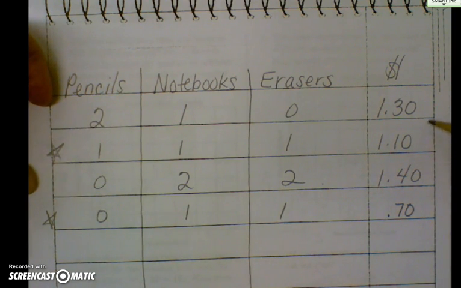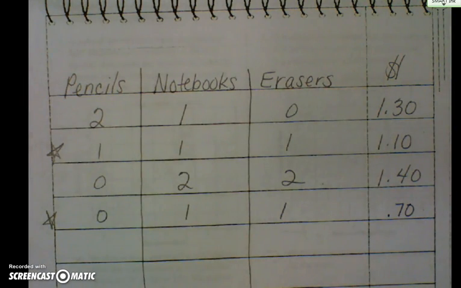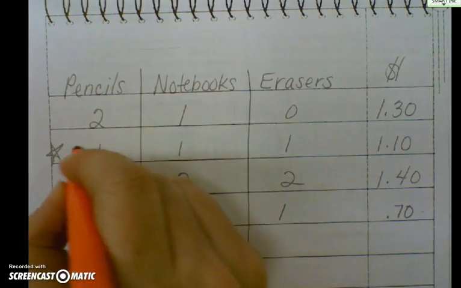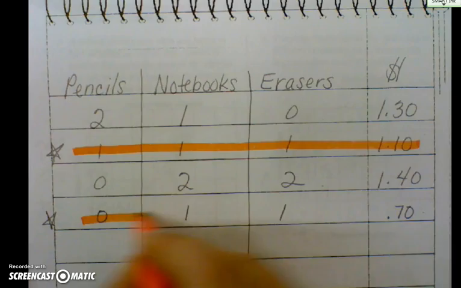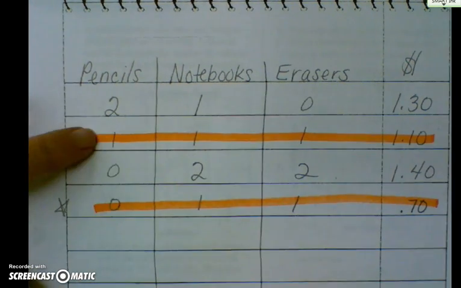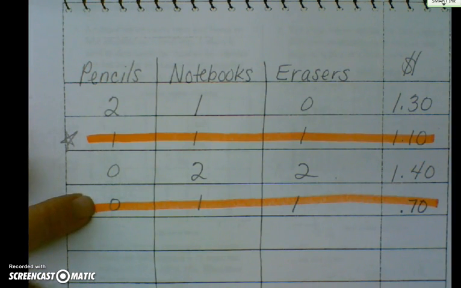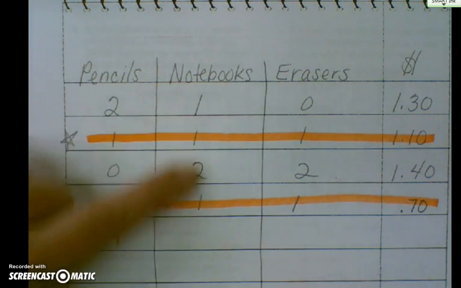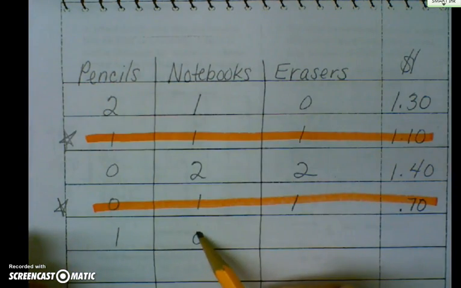And I can now use these two rows to cancel and find the price of 1 pencil. So this row and this row are going to be important. If I have 1 pencil and I take away no pencils, that's going to leave me with 1 pencil. A notebook, take away a notebook, leaves me with 0 notebooks.